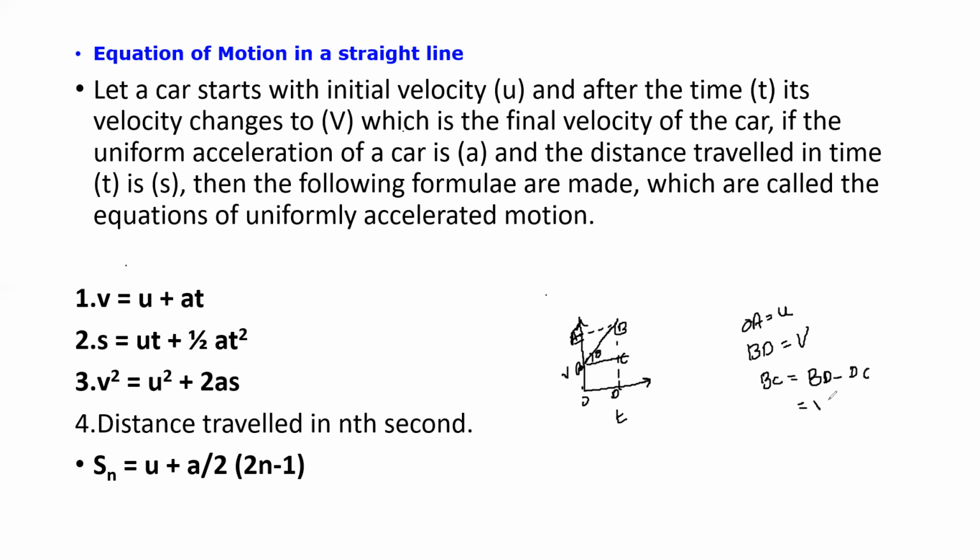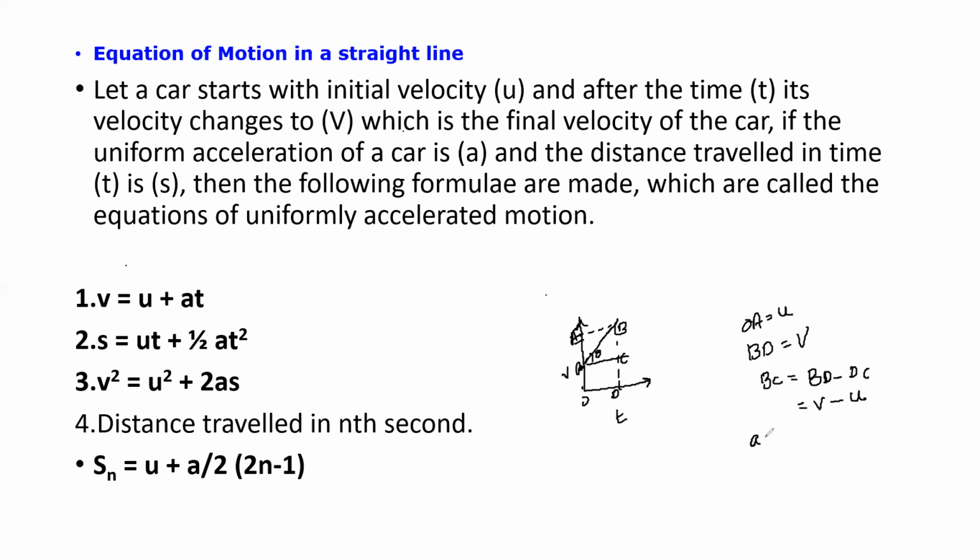BD value is the final velocity v, minus the DC value, which is the initial velocity u. So v minus u is the change in velocity. That is your BC value.